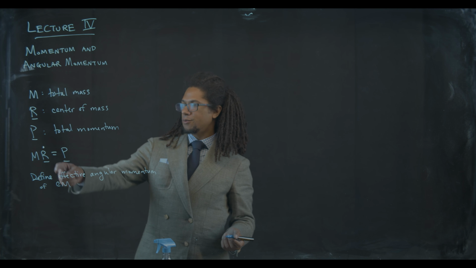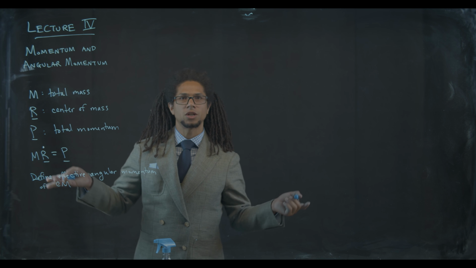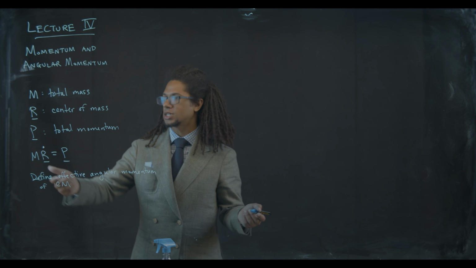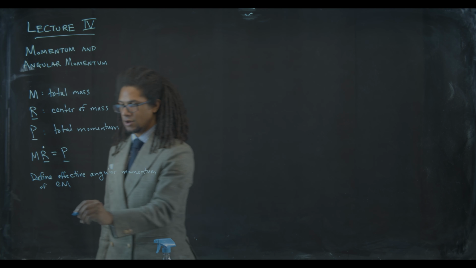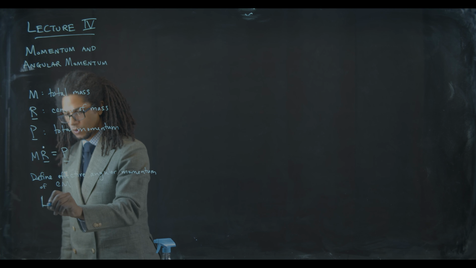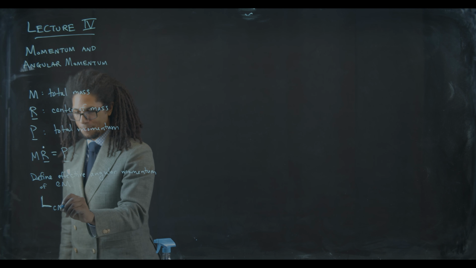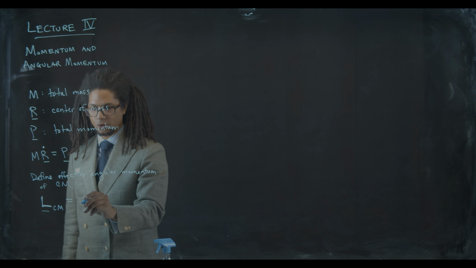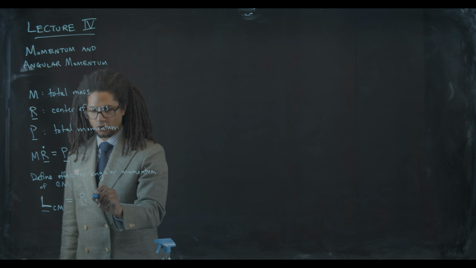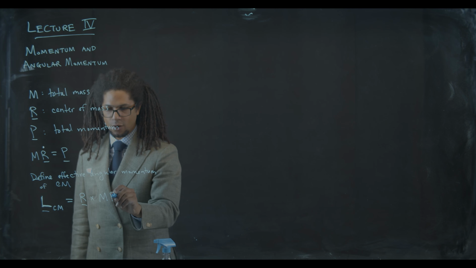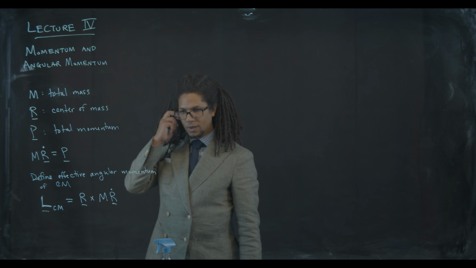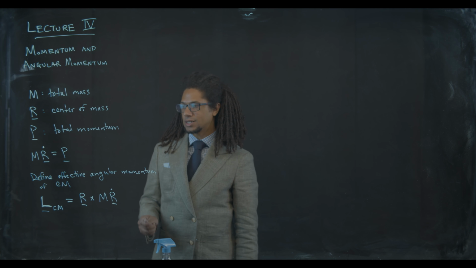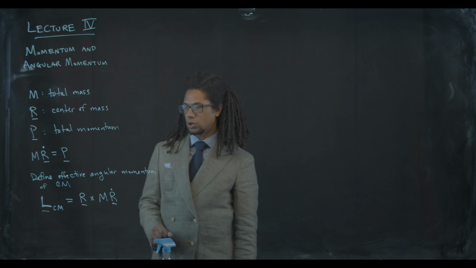If we treat capital R like it's the position of an object, and capital M like it's the mass of an object, then we could say that L_CM, our effective thing, should be equal to R cross capital M R dot. Let's see if that gives us the same thing as the total.